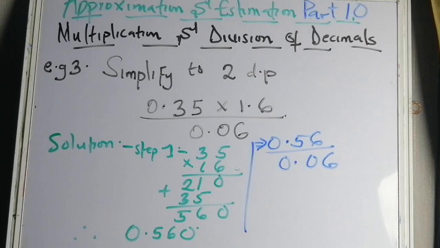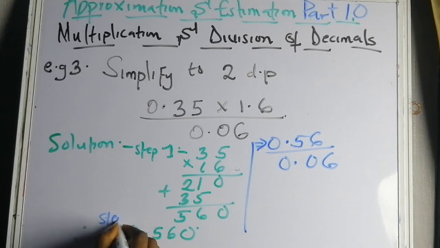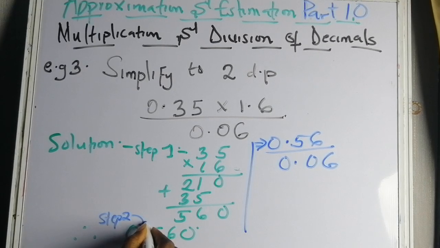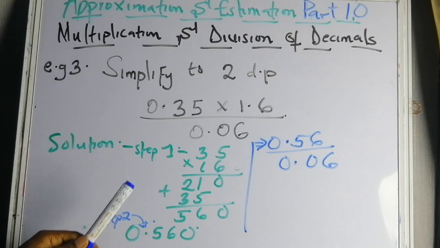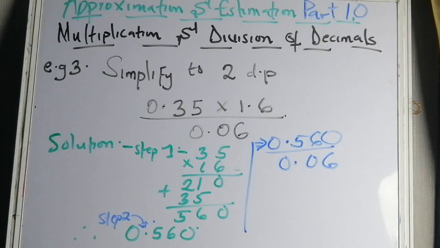After you've done your numerator, which is step 1, you have your step 2 here, from part 9. So your numerator, which is 0.560, divided by 0.06.